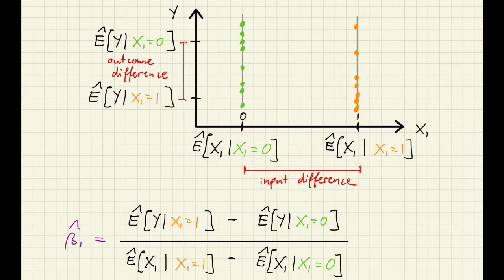The group assignment was by value of the x1 variable. For example, we assigned all the observations for which we observed x1 equals 0 to the green group. Suppose that we have some other way of sorting observations into groups. For example, suppose that our data looks like this.